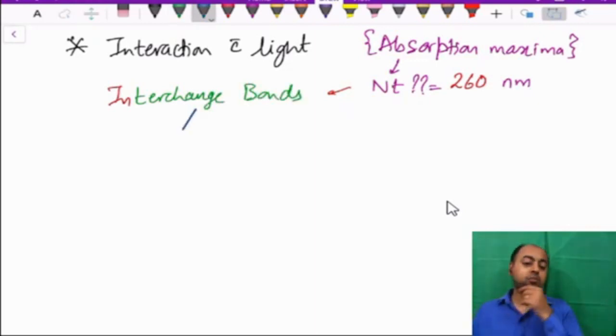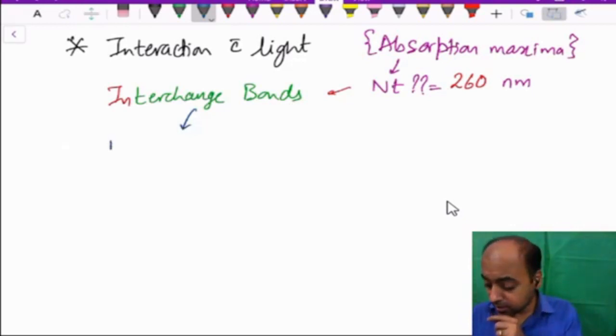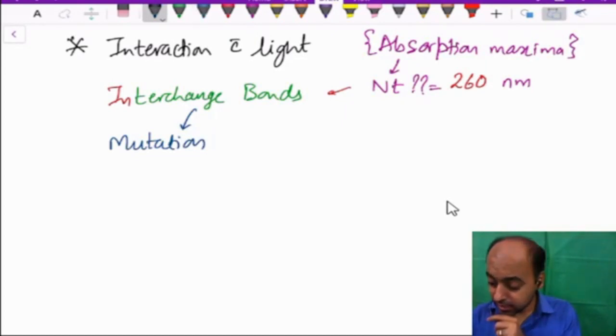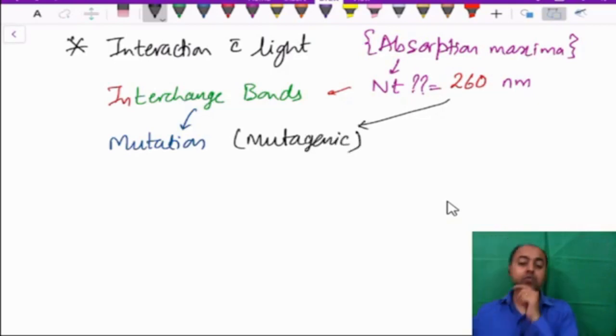When there is interchange of bonds in the nucleotides, there will be interchange of the nitrogen bases, and this is known as mutation. That is why the light at 260 nanometer is said to be mutagenic.